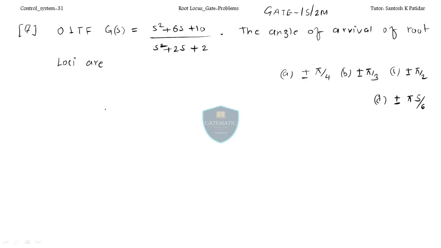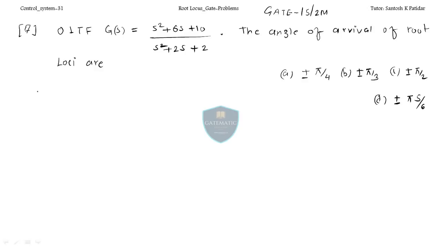The open loop transfer function G(s) is (s square plus 6s plus 10) divided by (s square plus 2s plus 2). The angle of arrival of root loci is what they are asking, okay, perfectly fine. We didn't complete the angle of arrival question yet, correct? So now in this question your doubts will be clear. Let's start.